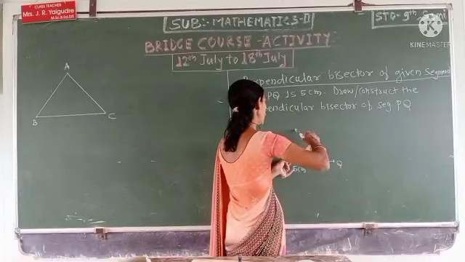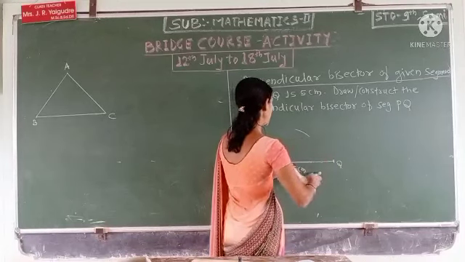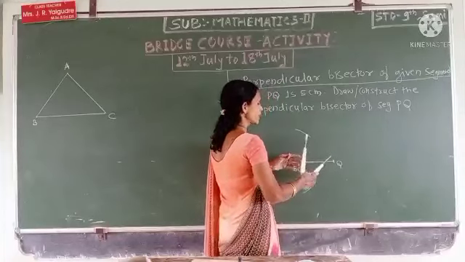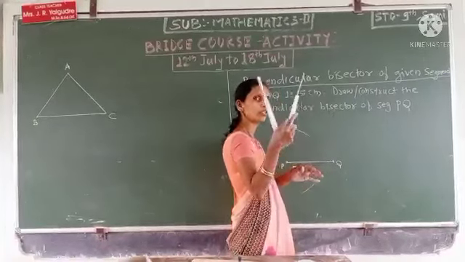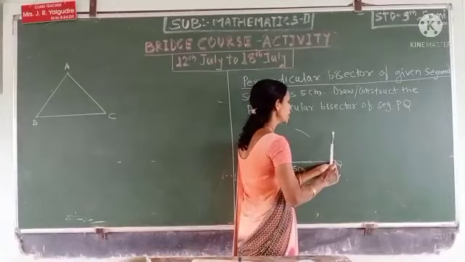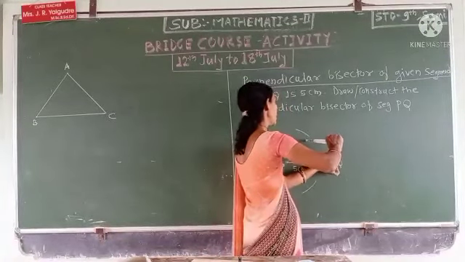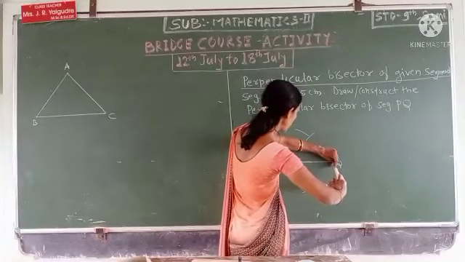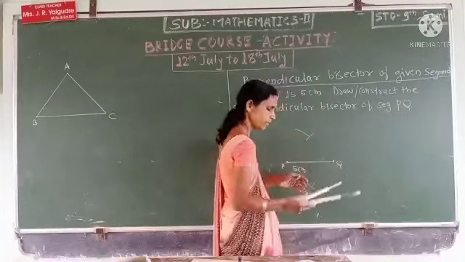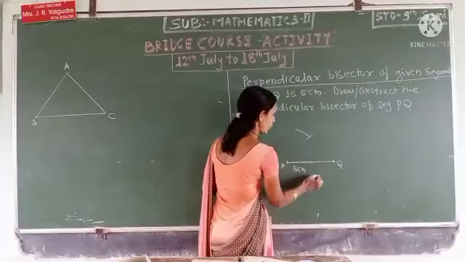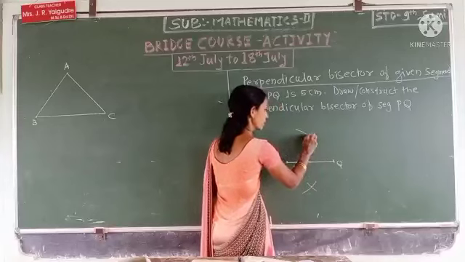Then mark it on both sides of the line segment. Then without changing that distance, put the needle on Q and mark the arc which intersects the previous ones. See here, we get 2 intersecting points.